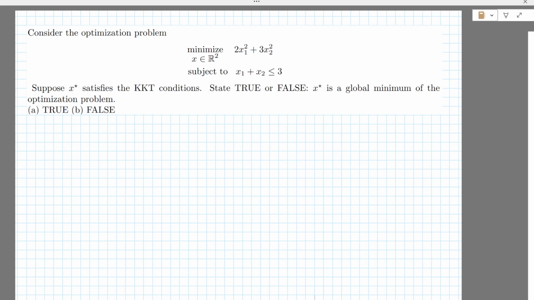It means that, what was the KKT condition?